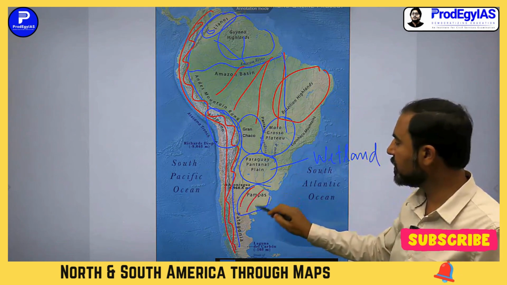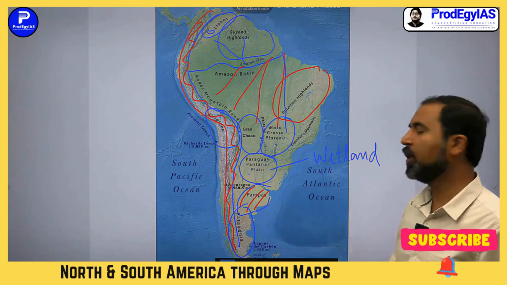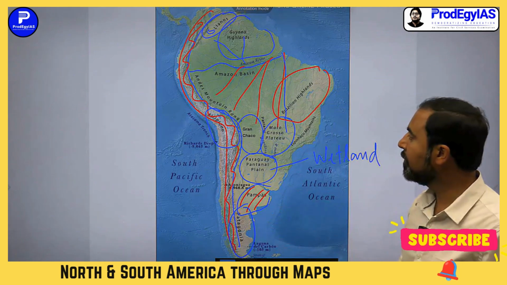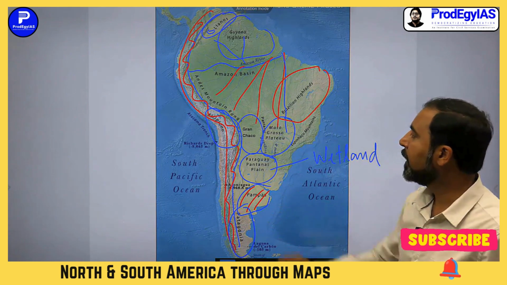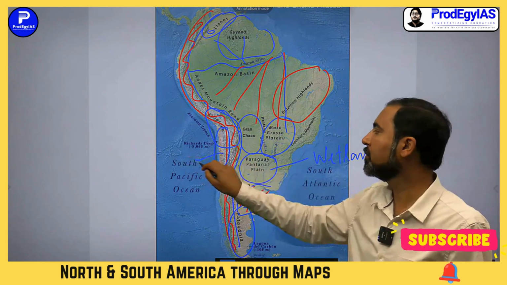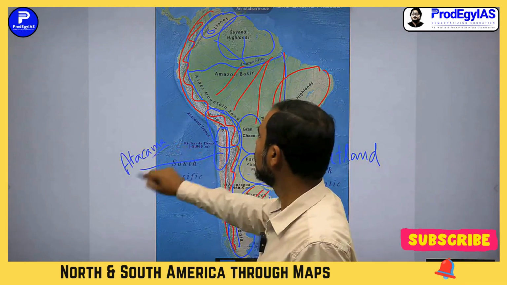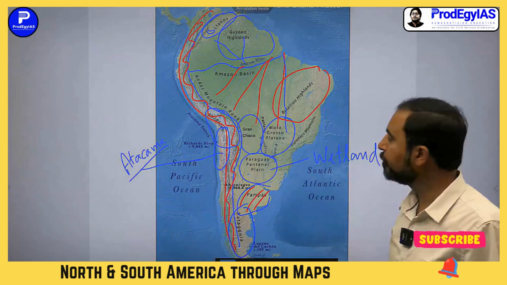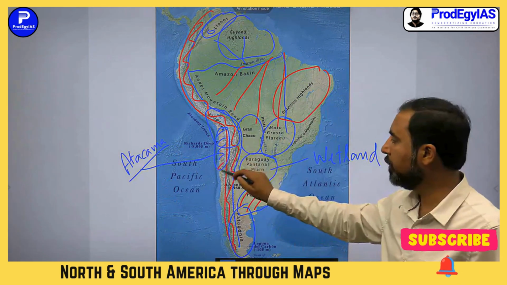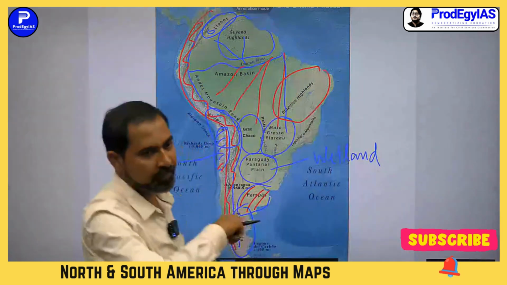Then Patagonia. This is a plateau as well as a desert. Atacama in the northern part of Chile, this is the Atacama Desert. You should know the location too: Chile is long, so in which part is Atacama? On the northern part.